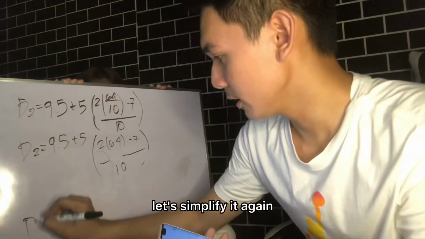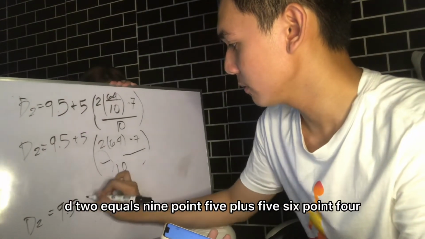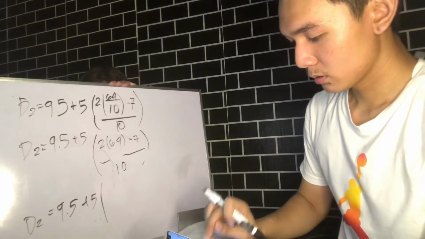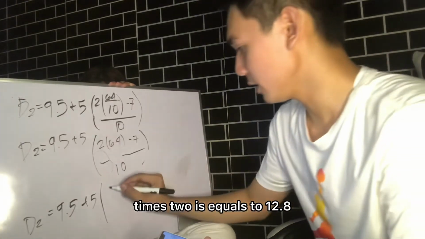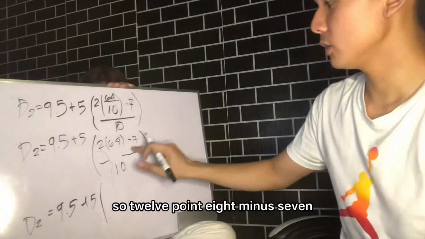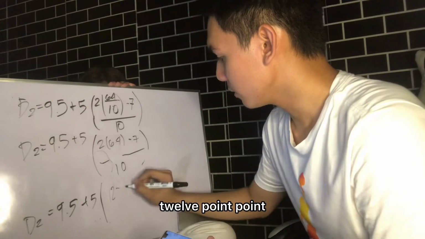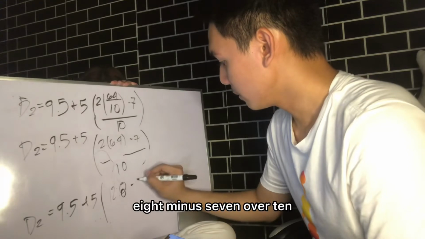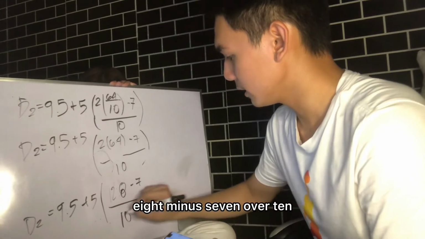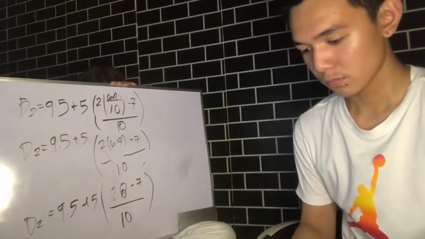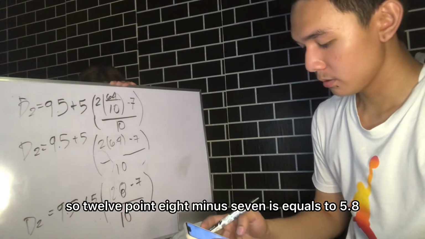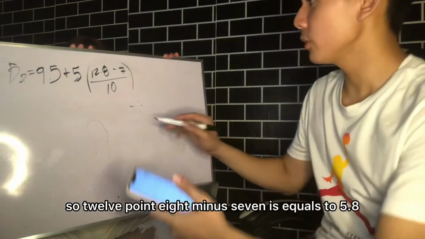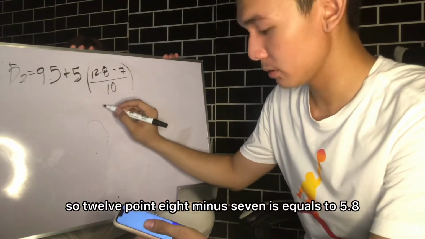Let's simplify it again. D2 equals 9.5 plus 5. 6.4 times 2 is equal to 12.8. So 12.8 minus 7 over 10. 12.8 minus 7 is equal to 5.8.